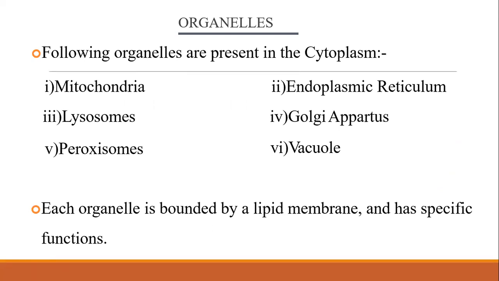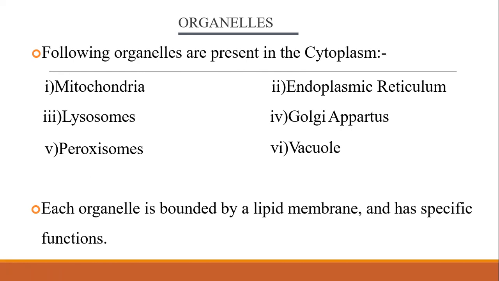Then come the organelles present in the cytoplasm. Firstly mitochondria, then endoplasmic reticulum, third the lysosomes, fourth the Golgi apparatus, fifth peroxisomes, and sixth vacuoles.